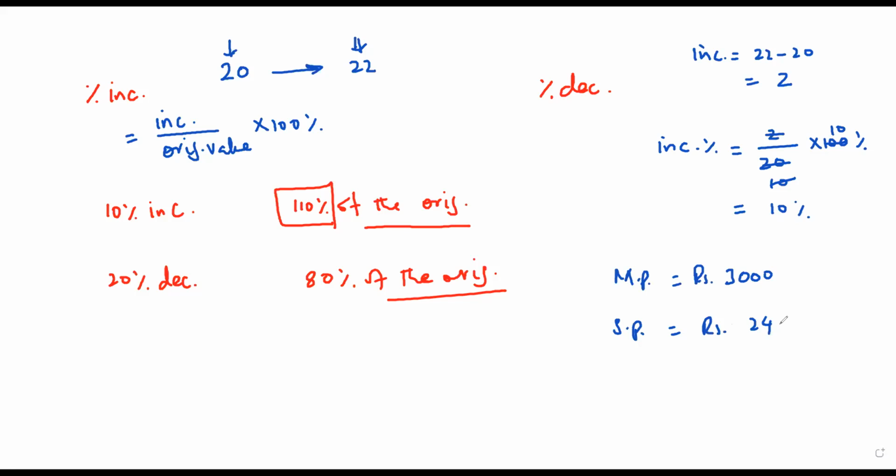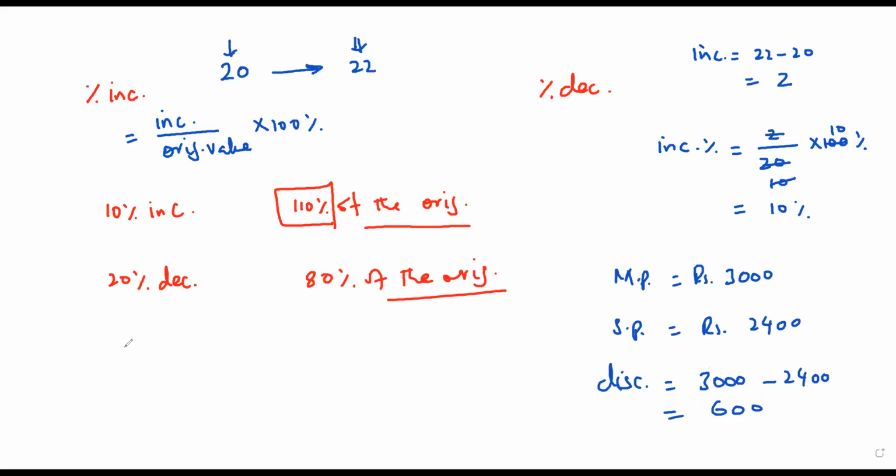And we want to find what the discount percent is, or up to what percent the price has been decreased. Again you will see how much is the discount or the amount decreased. The original amount is 3,000 and now it is 2,400, so there is a decrease of 600 rupees.